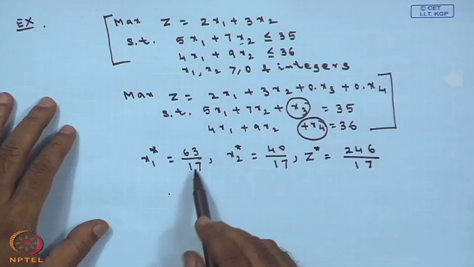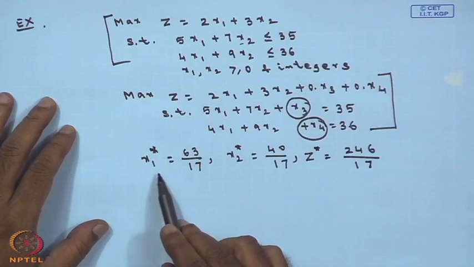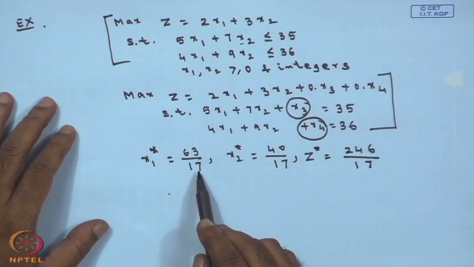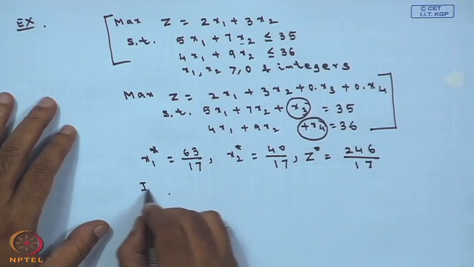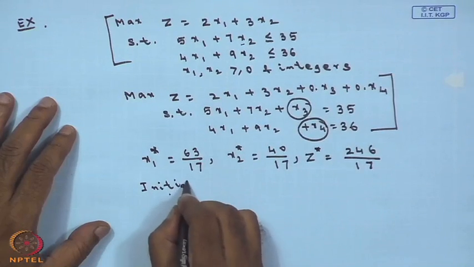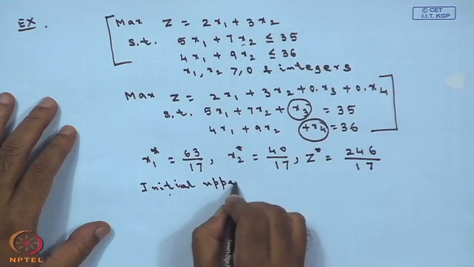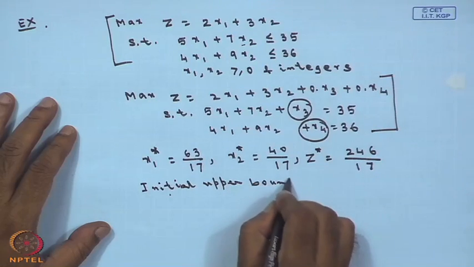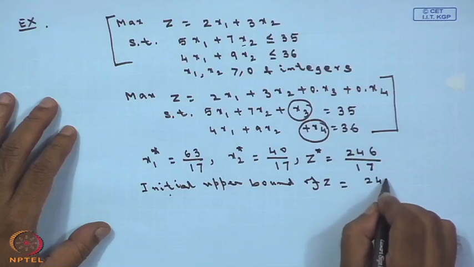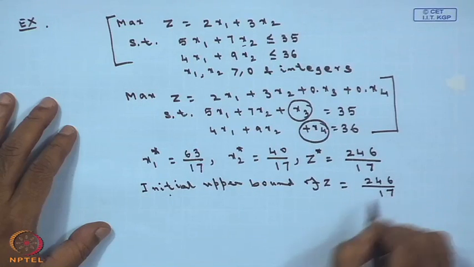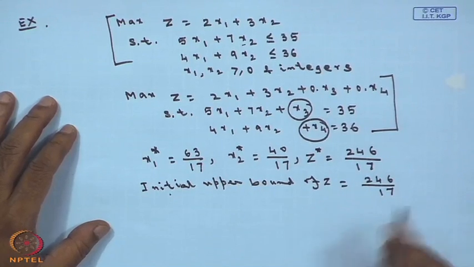So, we will work with x1, because x1 is having the largest fractional part. So, the initial upper bound of Z, you can write down, is 246/17 when you have not imposed any condition.